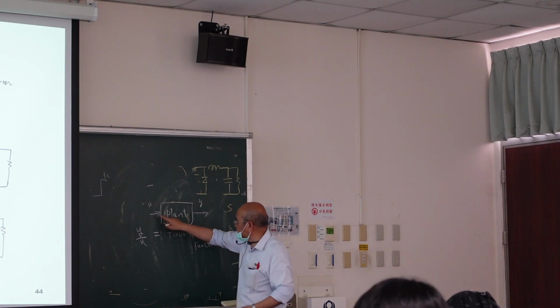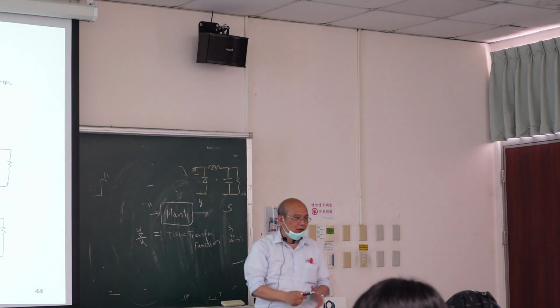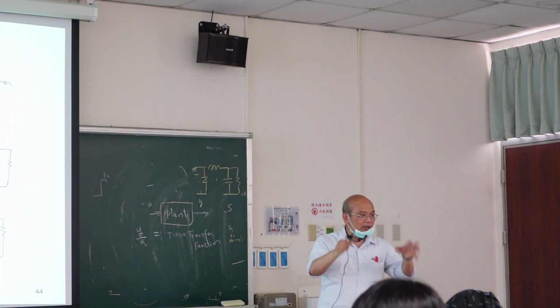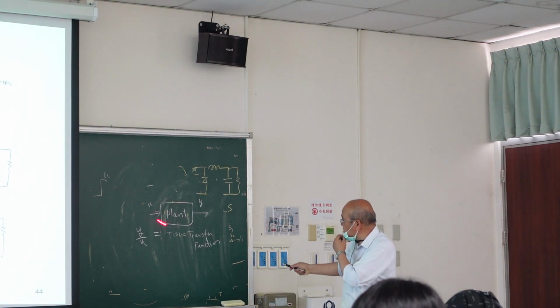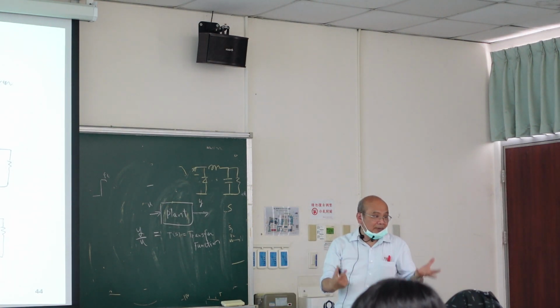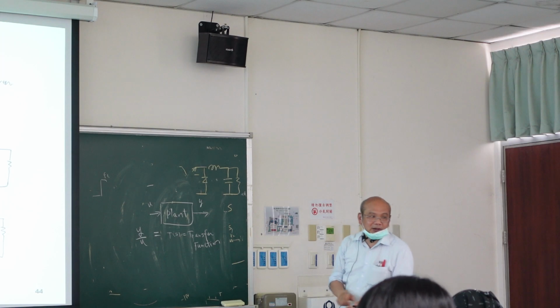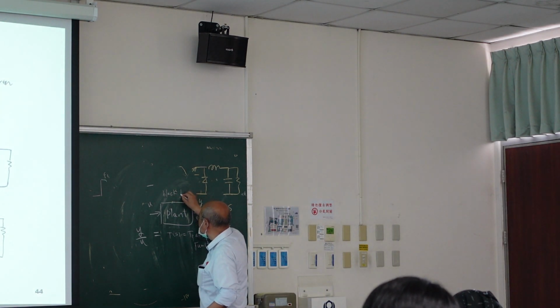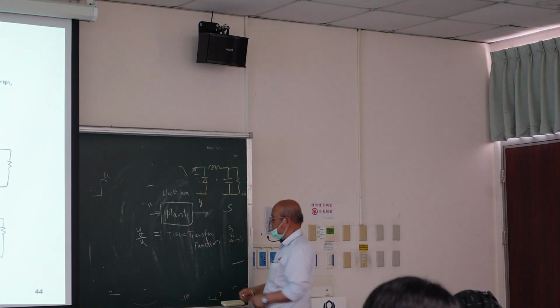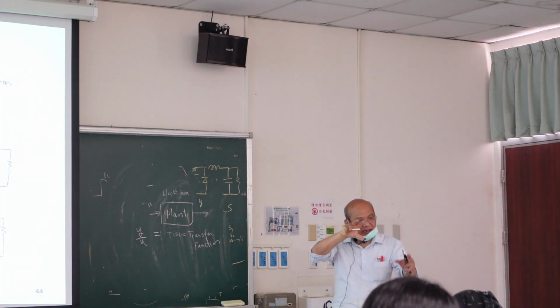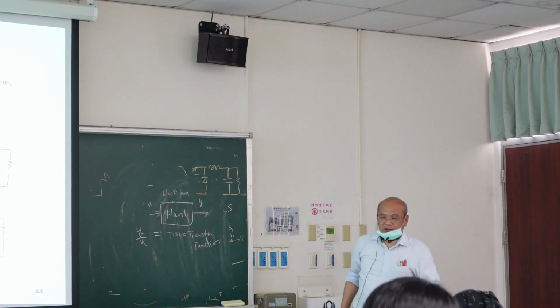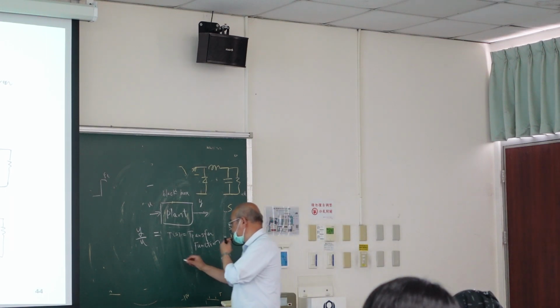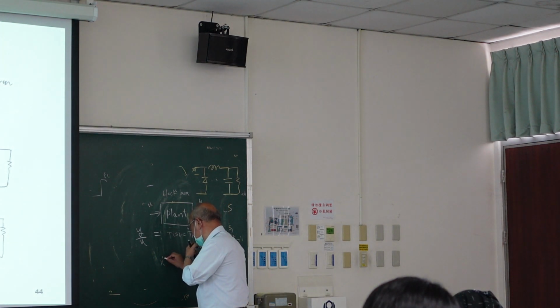So we care about input and output. Only 2 things, input and output. And how about the inside? Black box. I don't know anything about the inside. So we take this as a black box. So we call this the transfer function. I only care about input, output. Another way is we use state space.